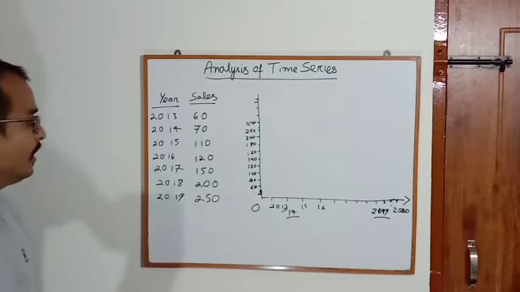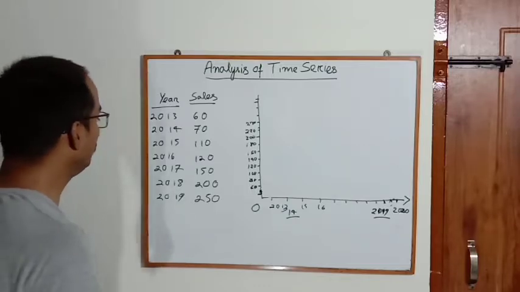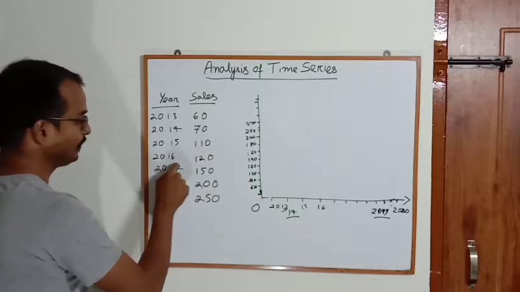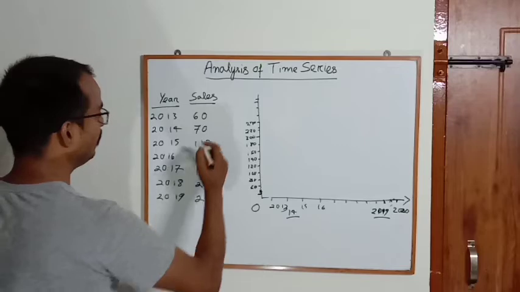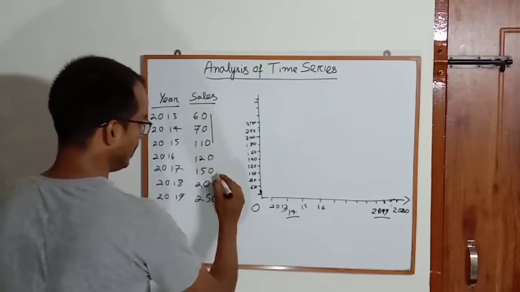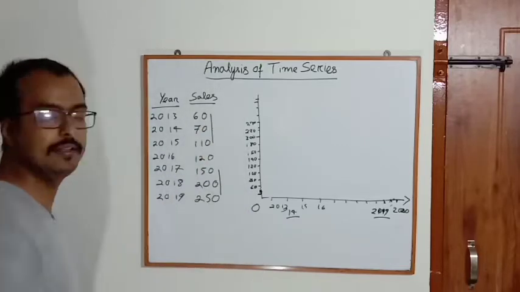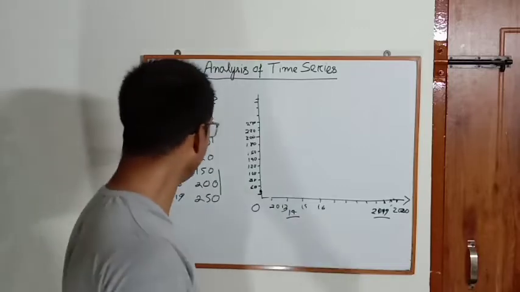So, simply you ignore the middle one. The middle one you ignore. If you ignore, then what you will get? This and this, 3 and 3. Okay.